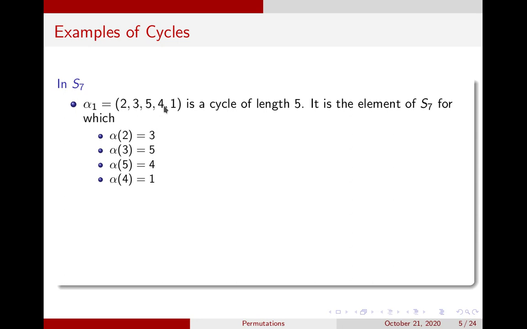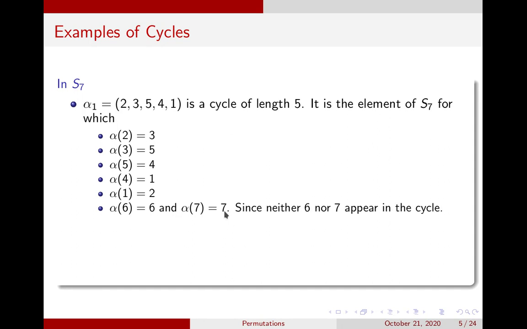Alpha of 4 is 1. And alpha of 1 is 2. So this 5-tuple of numbers describes the permutation defined by these equations. And since we're working in S7, alpha of 6 is 6, and alpha of 7 is 7, because neither 6 nor 7 appears as a number in the cycle notation.